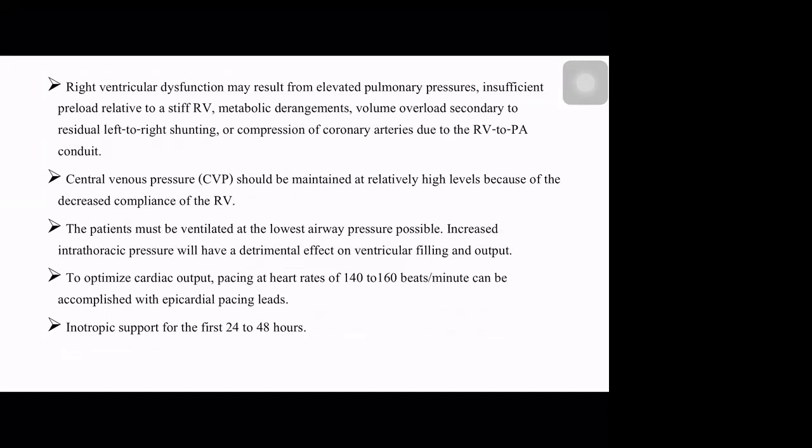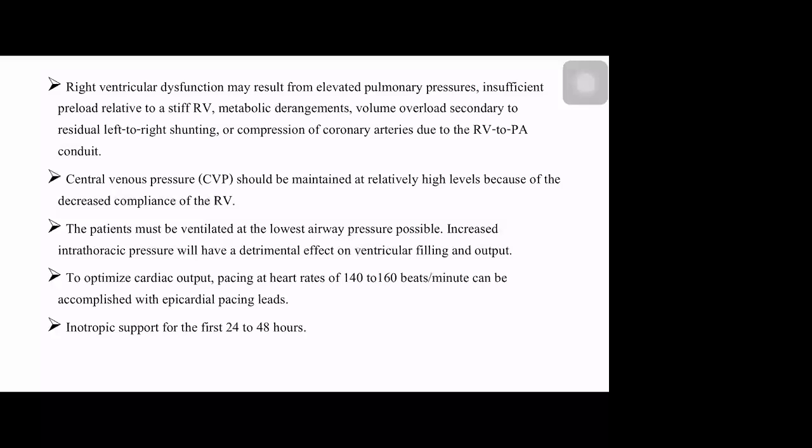RV dysfunction is quite common, which may result from elevated pulmonary pressure, insufficient preload relative to a stiff, non-compliant RV, metabolic derangement, volume overload secondary to residual left-to-right shunt, or compression of the coronary arteries due to the RV to PA conduit.